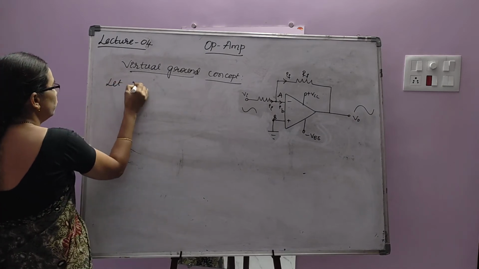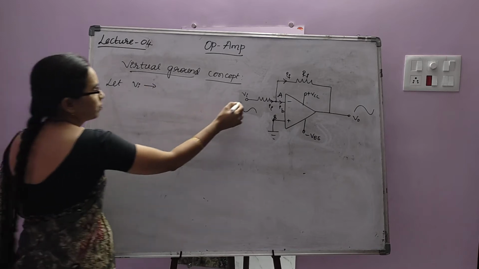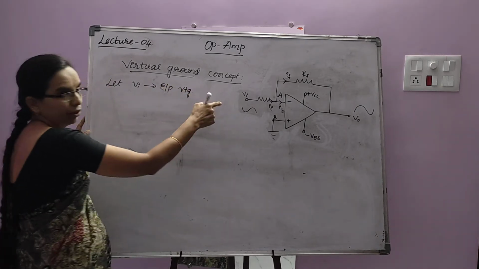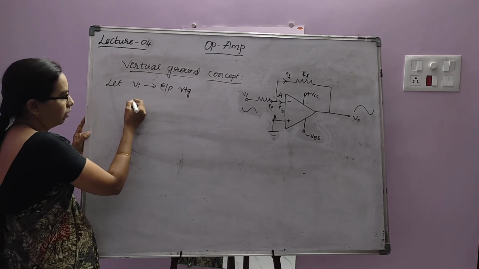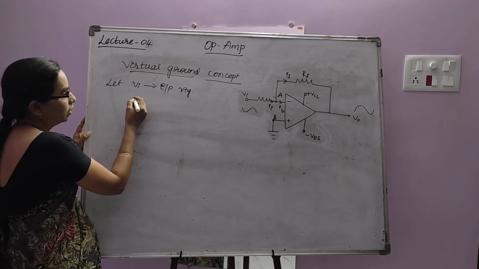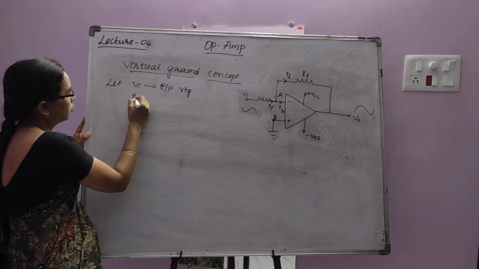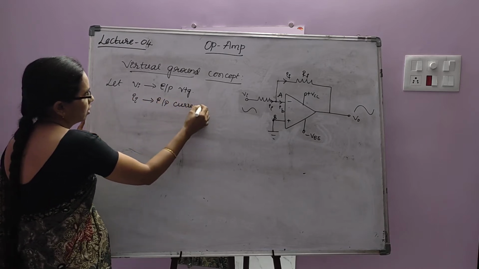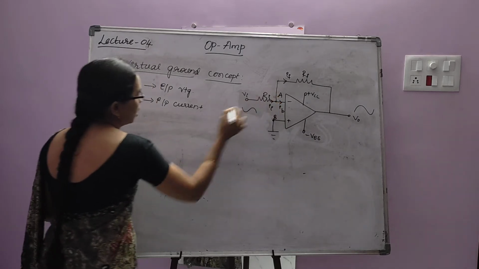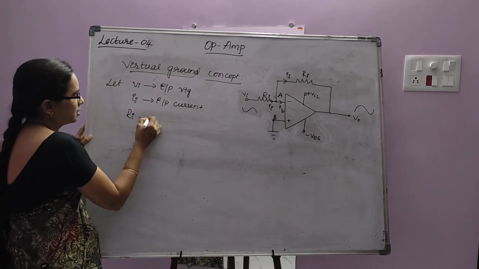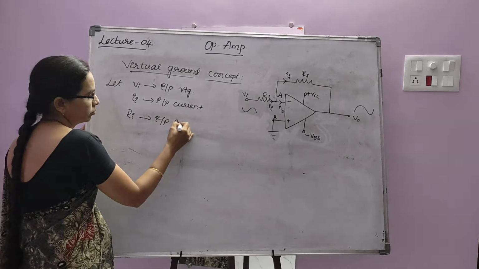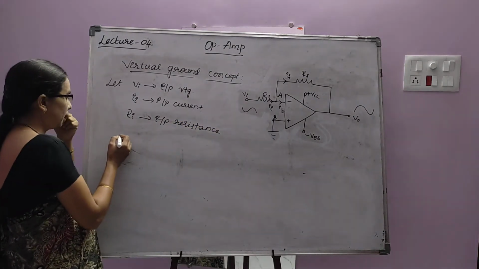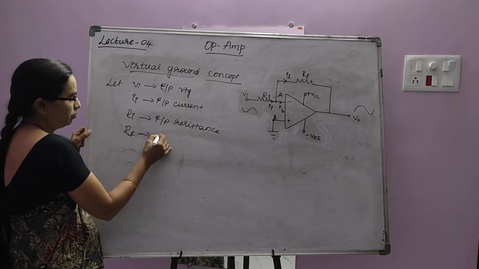VI is the input voltage applied to the op-amp, and II is the input current. This resistor is RI, the input resistance, and RF is the feedback resistor.